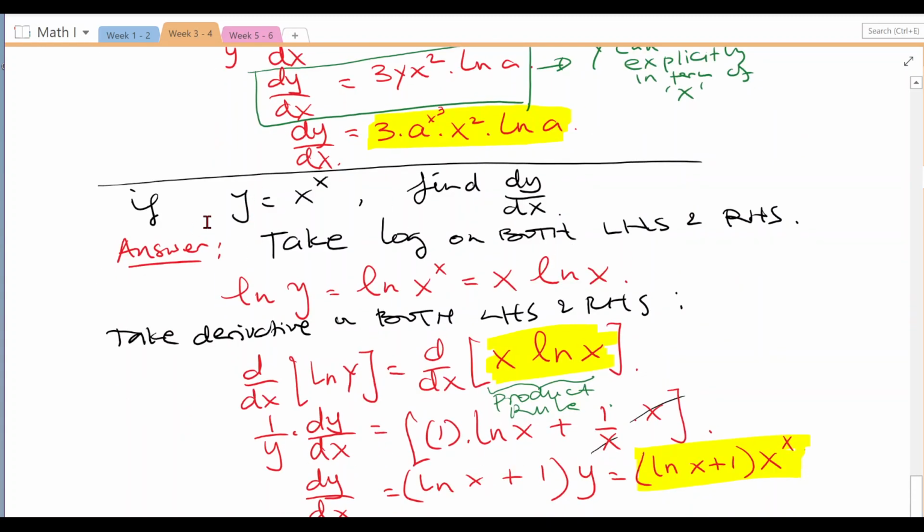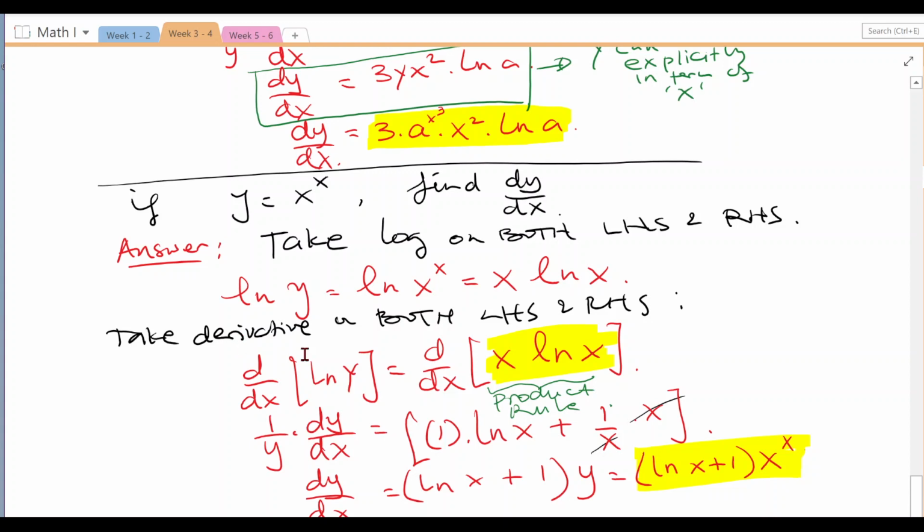Similarly, if our function is y equals x to the power of x, in order to find dy/dx, we can take the natural log of both the left hand side and right hand side like this. So we have ln y equals ln x raised to the power of x. According to the side note that we just did, this equals x times ln x.